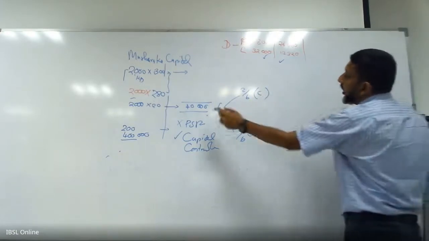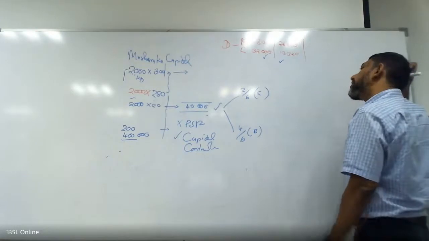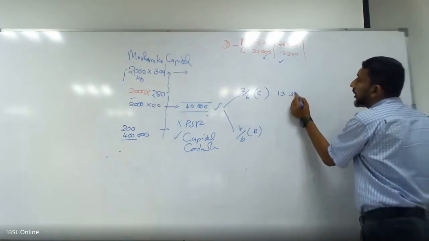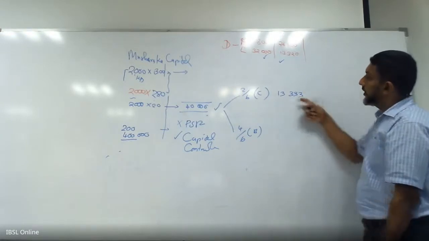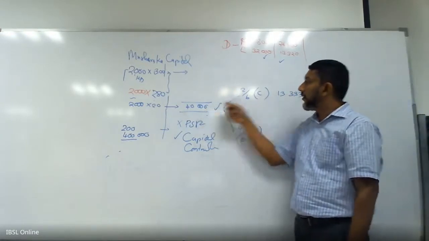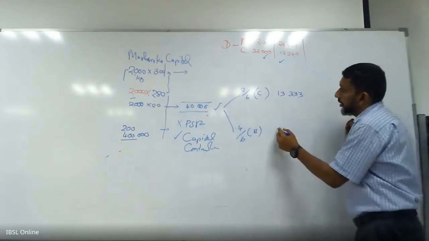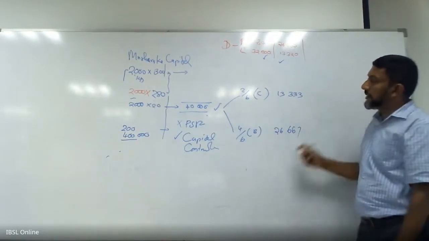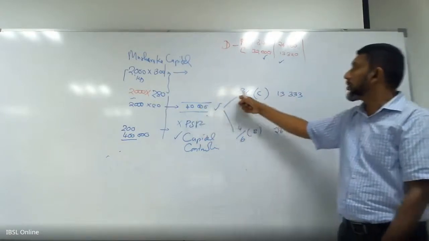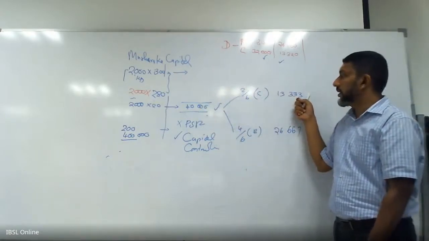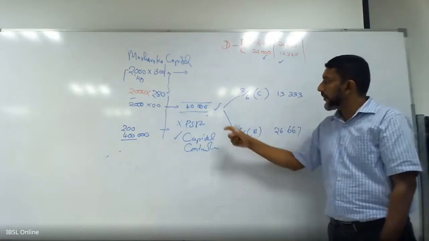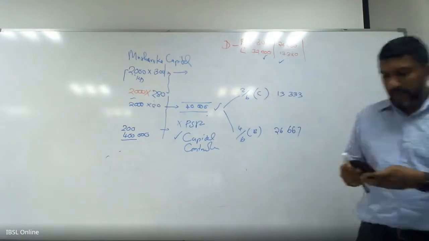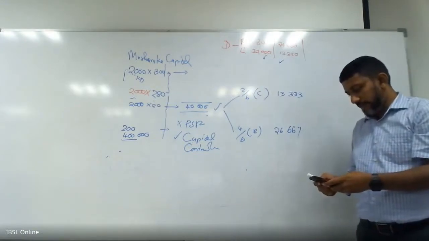So 1/3 of 40,000 is 13,333. Is this right? 1/3 of 40,000 is this, and 2/3 is that. Am I going wrong anywhere?